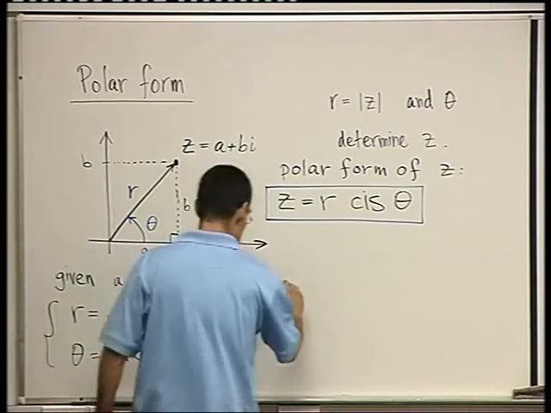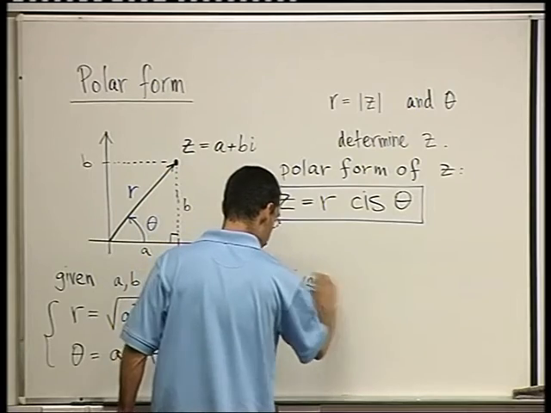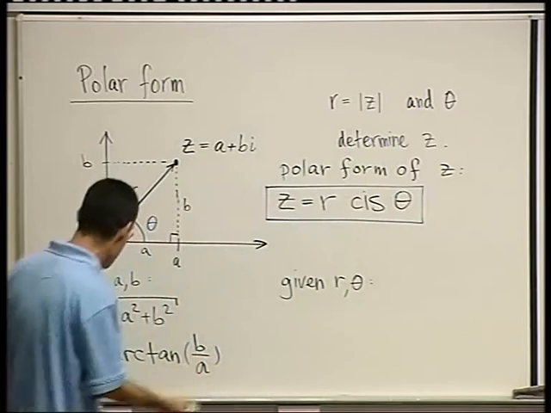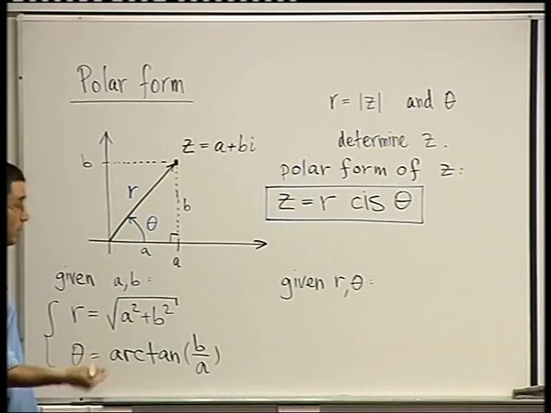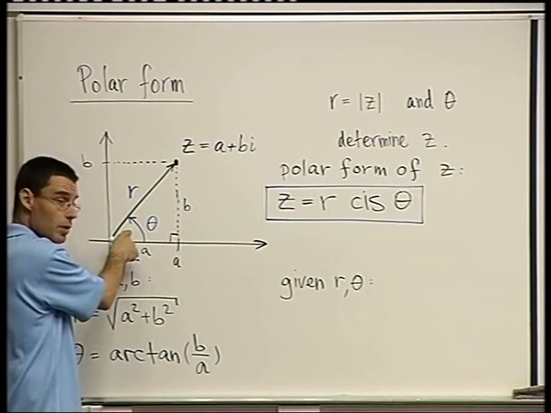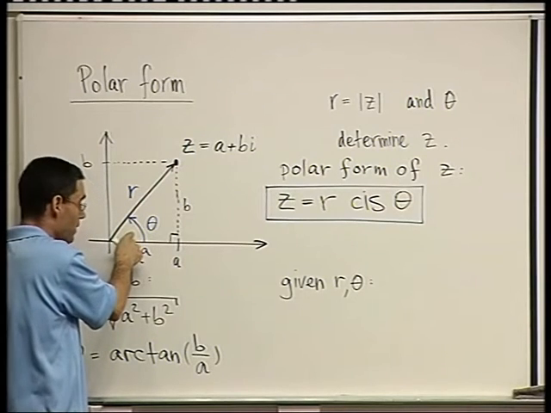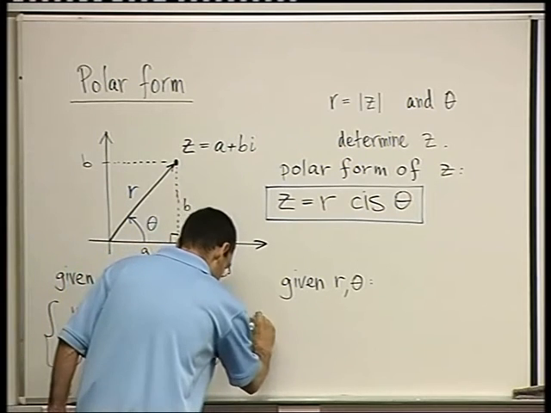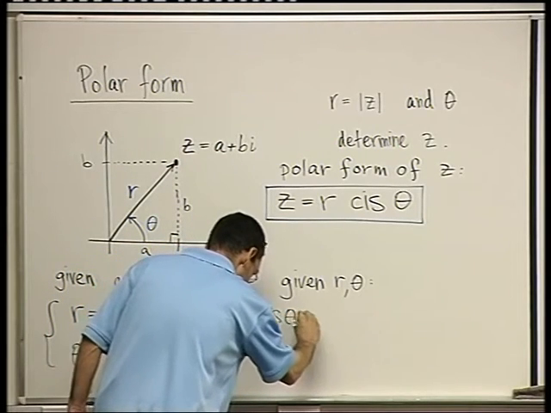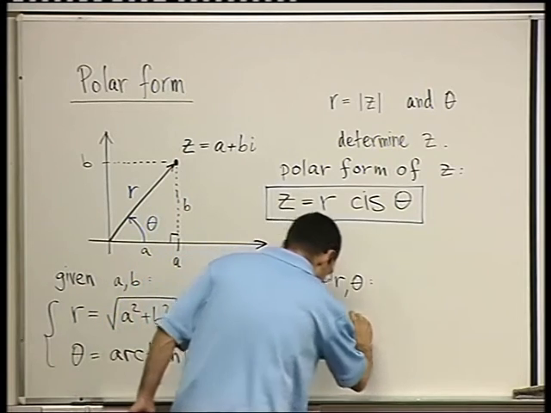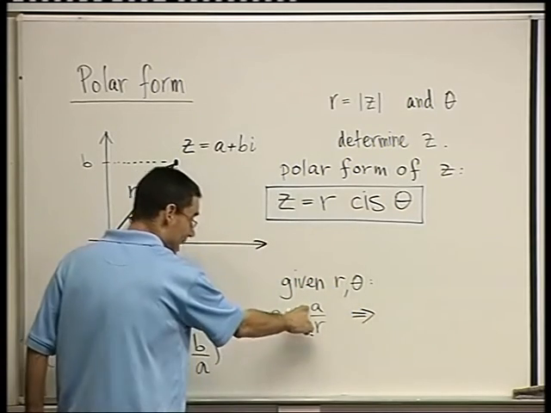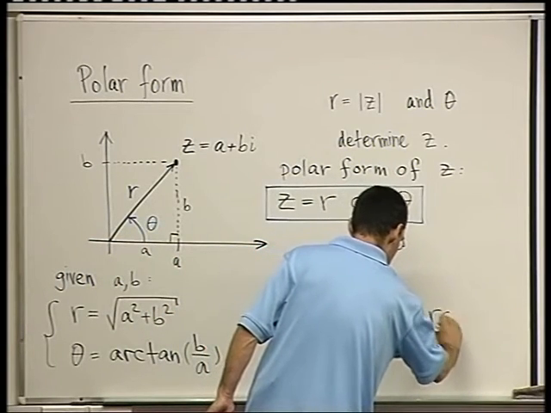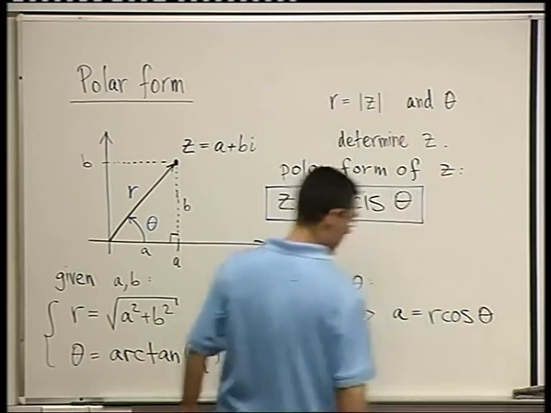On the other hand, if we're given r and theta, if somebody describes this number in terms of r and theta, how do we find a and b? So the cosine of theta is a divided by r, and this implies that a is r times cosine of theta. a equals r cosine of theta.